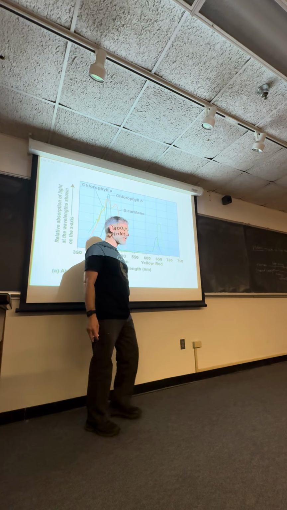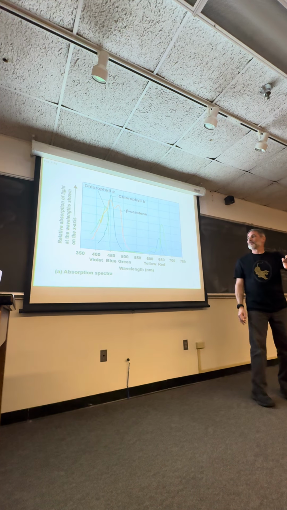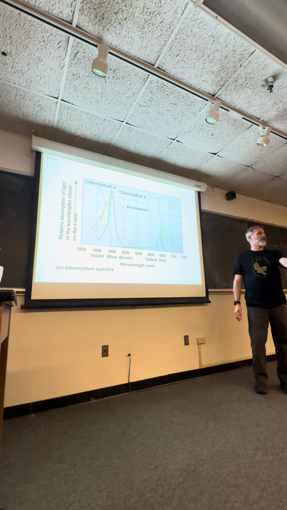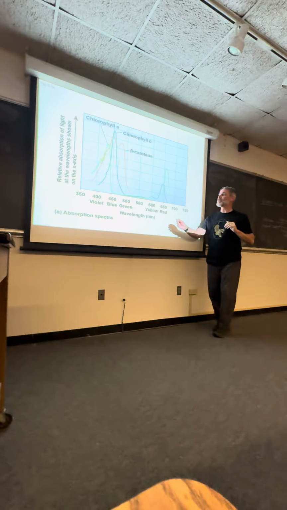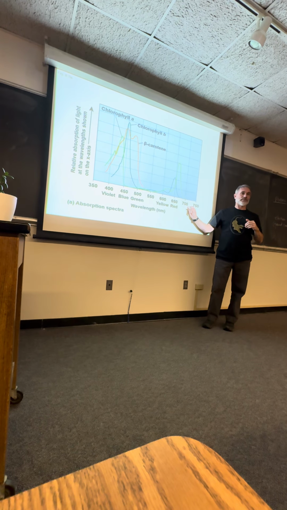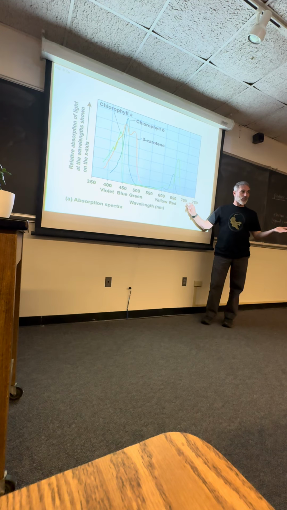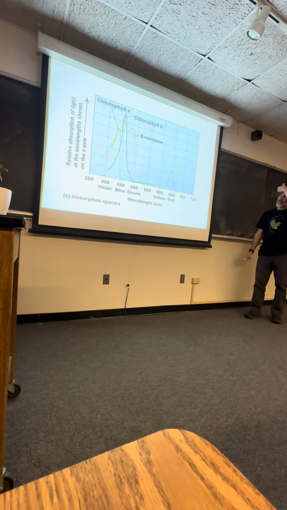Okay, so that means when visible light hits a beta carotene molecule, part of it gets absorbed by the molecule and we don't see it again. Part of it gets reflected. The part that's reflected will be the light in the yellow and red wavelengths, which is why the baby carrot is orange, right? That's why we perceive beta carotene as orange.